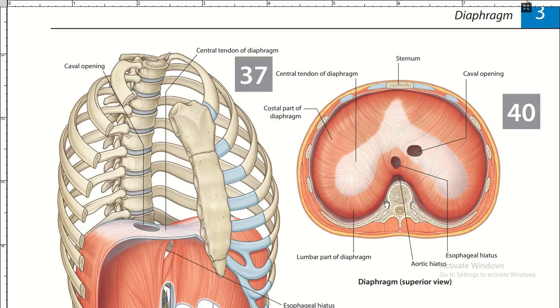It separates the thoracic cavity, and the thoracic cavity, remember, embryologically will start with the pericardial cavity connected to the pleural cavity, and later the pleuropericardial membranes will divide the pericardial cavity from the pleural cavity, right?